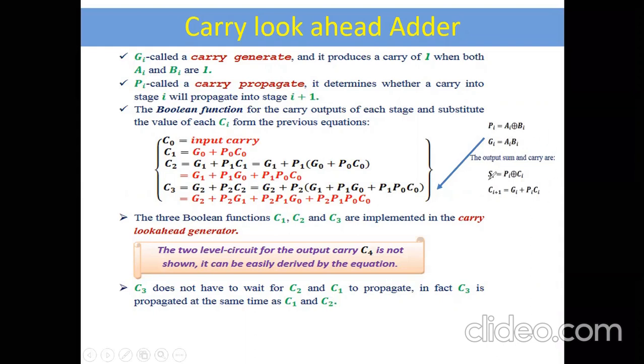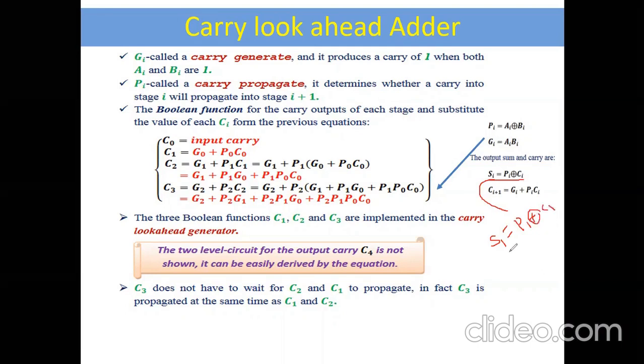Si means, if I need to find the sum of the first full adder, what are we supposed to write? For example, if i is equal to 1, what is S1? S1 equals P1 exclusive or C1.